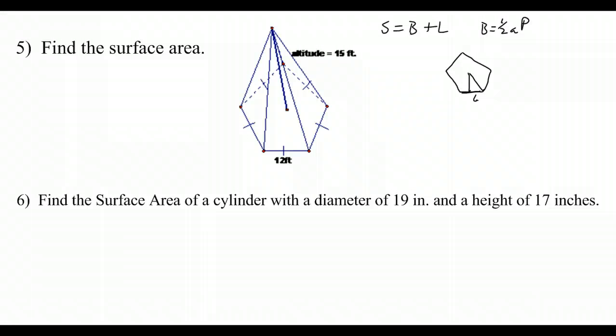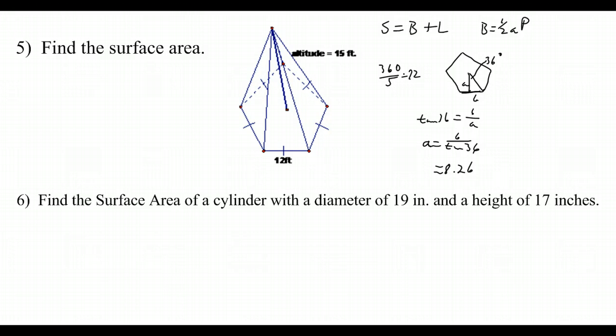When I take a pentagon, divide 360 by 5 gives me 72, so that makes this angle 36 degrees, and I'm looking for my apothem. So I'm going to have to use the tangent of 36 is equal to 6 over a. So a comes out to be 6 divided by the tangent of 36, which is approximately 8.26.